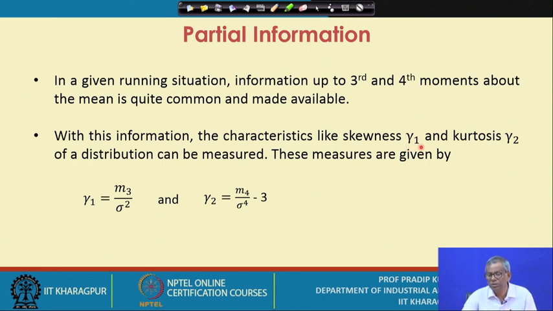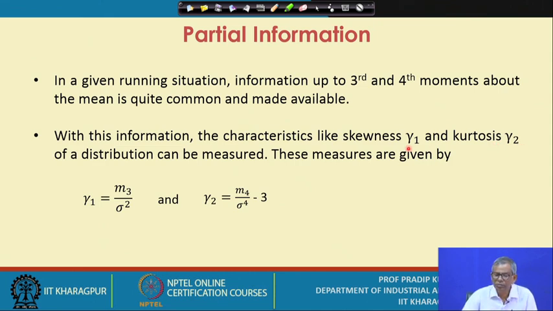If the skewness gamma 1 is 0, what does it mean? If gamma 1 is positive, what does it mean? If it takes positive or negative values, what does it mean? Similarly, kurtosis means actually the peakedness of a distribution.